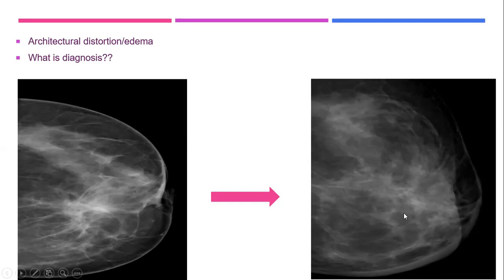And look at the fat here. What do you see? Look at the fat in between. There is distortion, there is architectural distortion, but even look at the distortion here at the nipple area and retraction. Is it the same? Here, at least you could see the nipple. Here, there is more retraction. And look at the skin thickening and the trabecular thickening here. It was there.